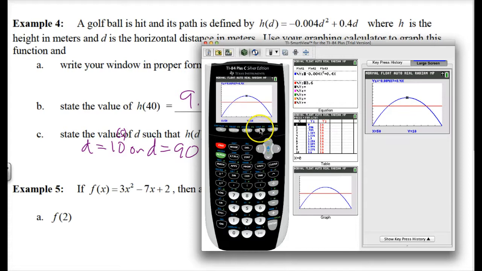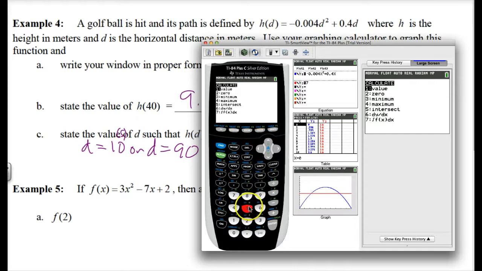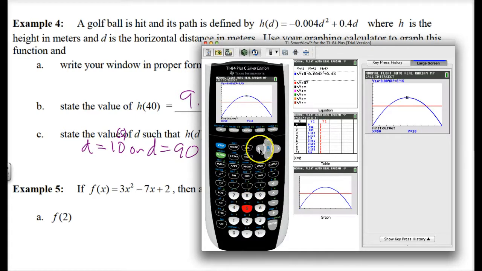Second, calc. Number 5 is intersect. Move to the point. This won't take as long this time because it's higher up. 1, 2, 3. And we've got 22.6. So let's call that 22.6.